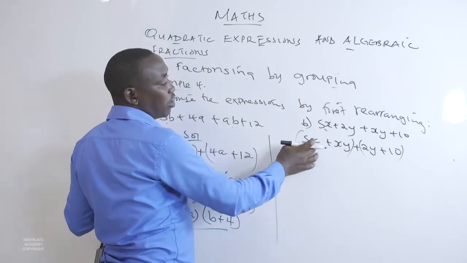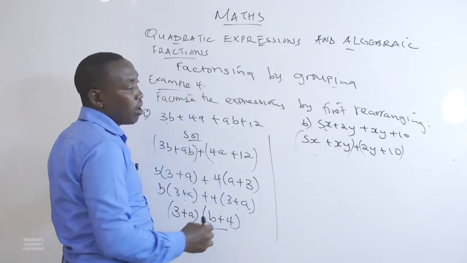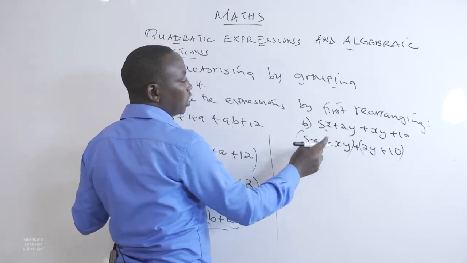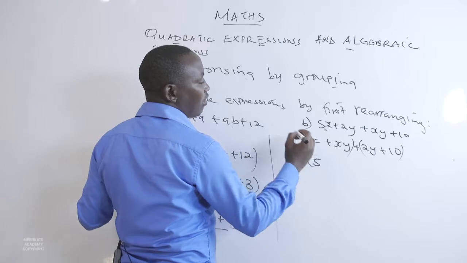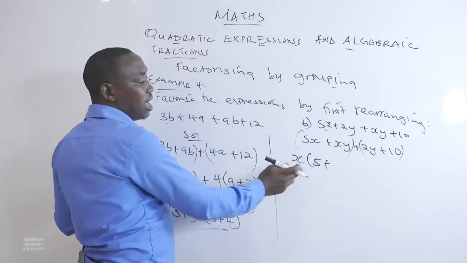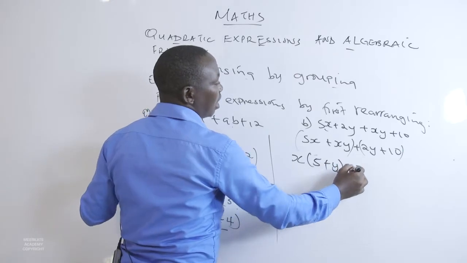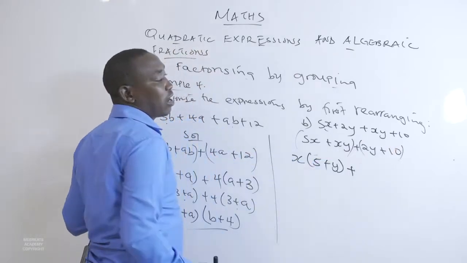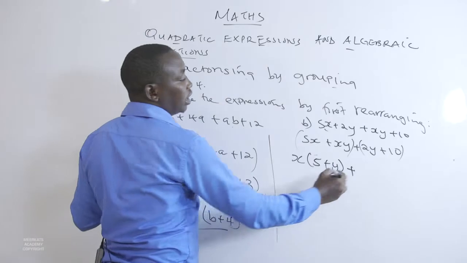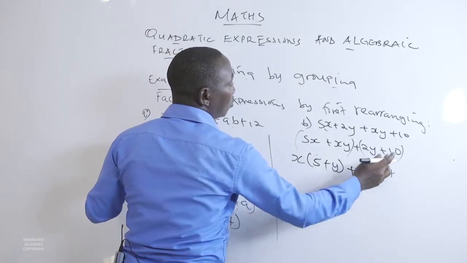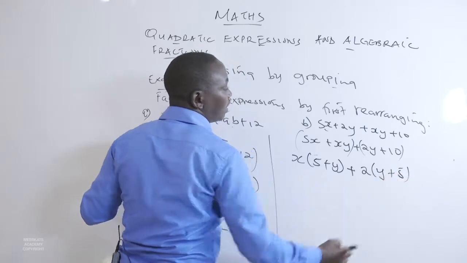The common factor between 5x and xy is x, so you're going to have x into, x goes into 5x 5 times, plus x goes into xy y times, plus you can see that the common factor there is going to be a number, which is 2. 2 goes into 2y y times, 2 goes into 10 5 times.